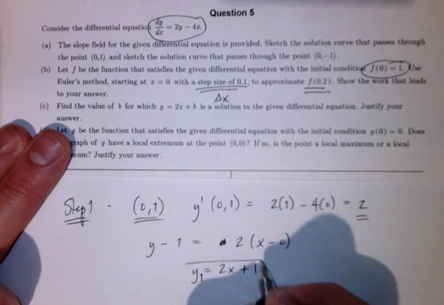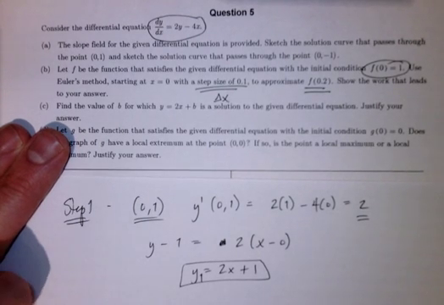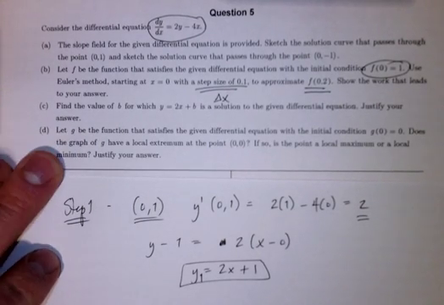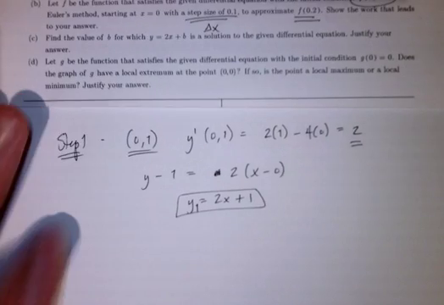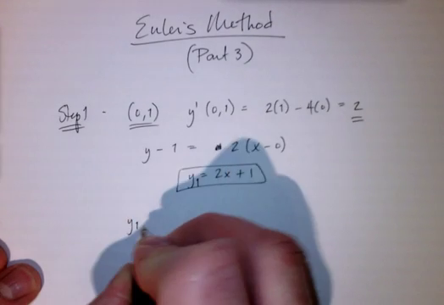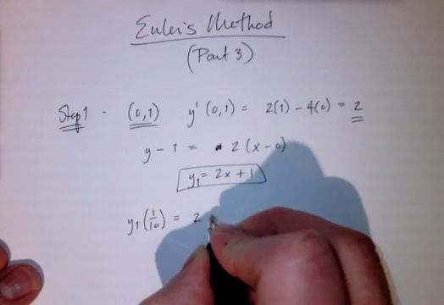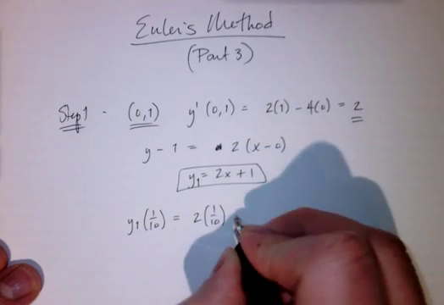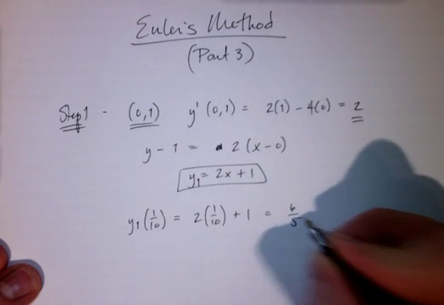That is my first line that I'm going to use to approximate. Now I need to evaluate that at x equals 1/10. You know me, I like fractions, so we're going to go with fractions on this one. So y1 at 1/10 is going to be 2 times 1/10 plus 1, or that's 1/5 plus 1, or 6/5.